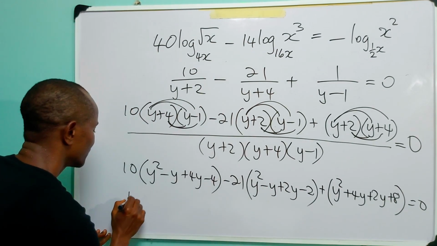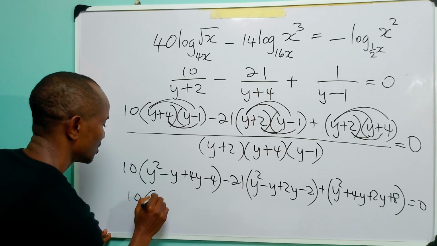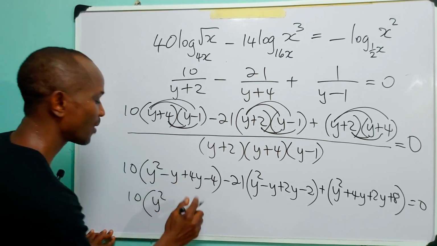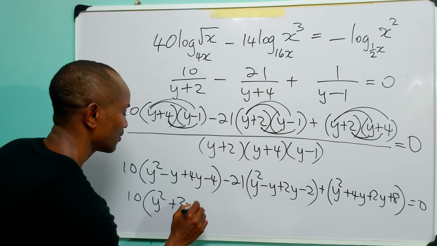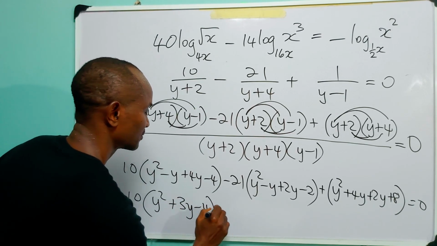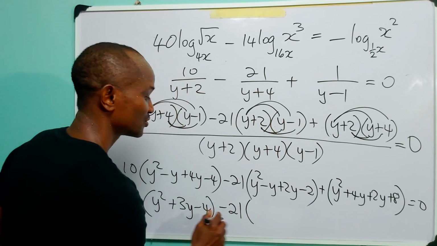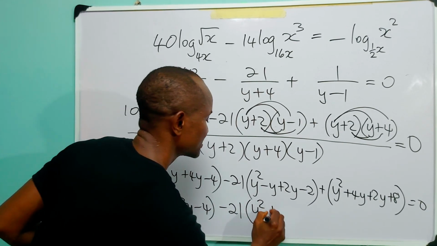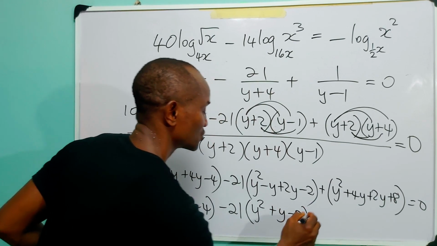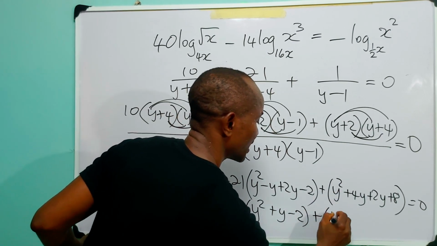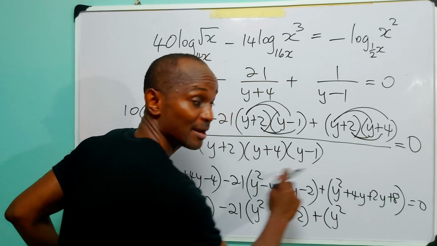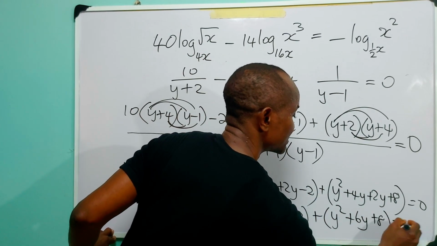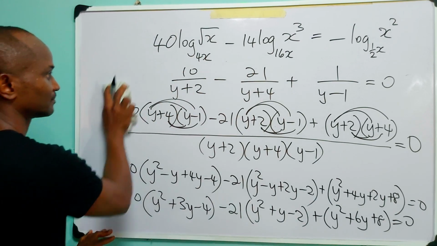Collecting like terms, we have 10 into y squared, minus y plus 4y is plus 3y, minus 4, minus 21 into y squared, minus y plus 2y is plus y, minus 2, plus y squared, plus 4y plus 2y is plus 6y, plus 8 is equal to 0.